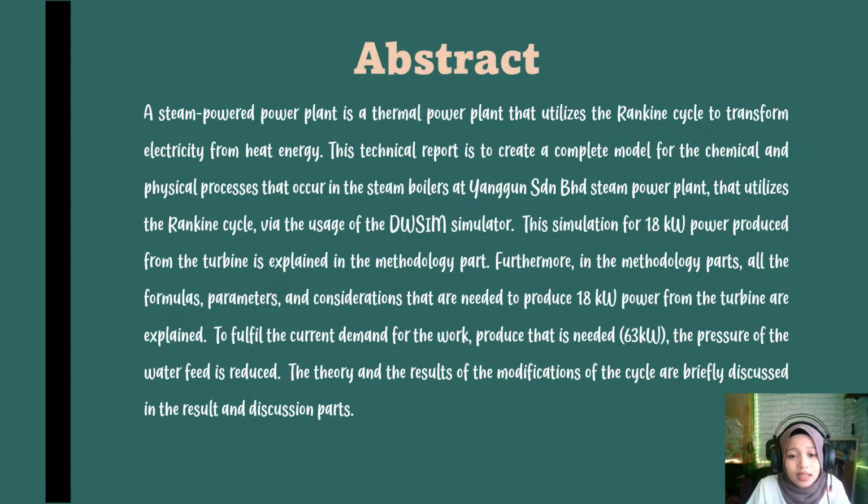To fulfill the current demand for the work, which is 350% work demand equal to 93 kilowatt power produced from the turbine, our solution is to reduce the pressure of the water feed. The theory and the result of the modification of the cycle are briefly discussed in the result and discussion part, that will be explained after this.